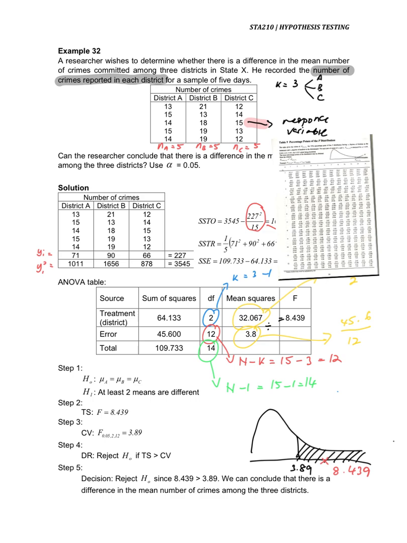So we can conclude that the test statistic is greater than the critical value, so we should reject the H naught since 8.439 is greater than 3.89. So we can conclude that there is a difference in the mean number of crimes among the three districts.